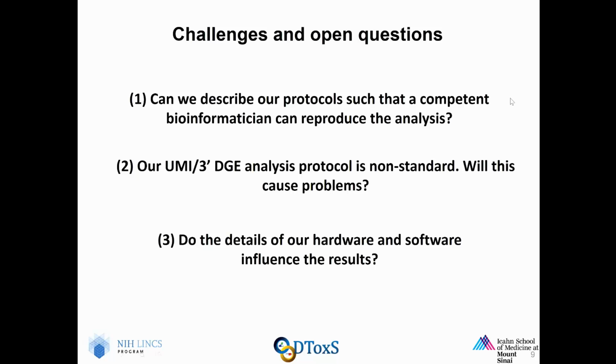Is that enough for a bioinformatician to actually reproduce the analysis? Secondly, the UMI DGE RNA-Seq protocol is fairly new. It's not standard. Will this cause some problems with standard processing pipelines? And third, which is sort of related to number one, when people try to run these protocols on their own hardware and with their own operating systems, will this influence the result in any way?